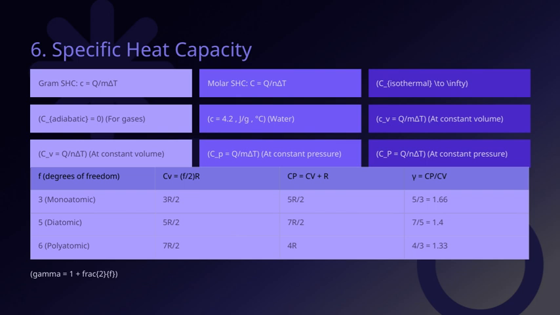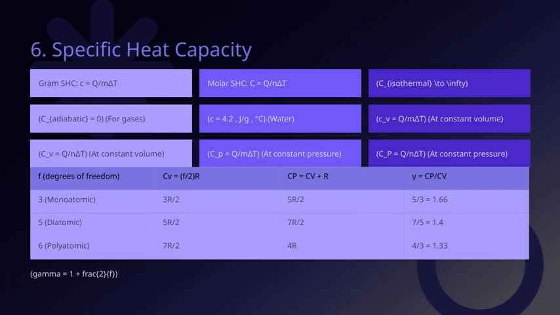This ratio is crucial because it influences how gases behave during adiabatic processes. Speaking of which, under adiabatic conditions, the heat transfer, Q, is 0, so C adiabatic equals 0 for gases, meaning no heat is exchanged during the process.